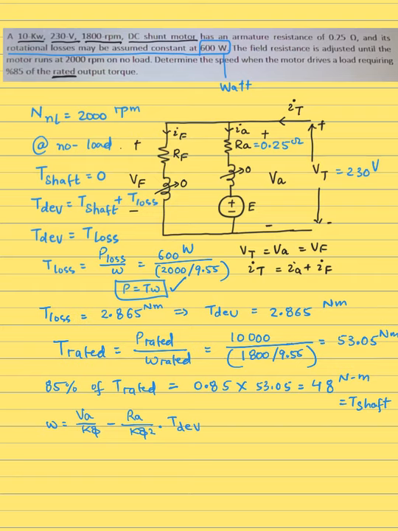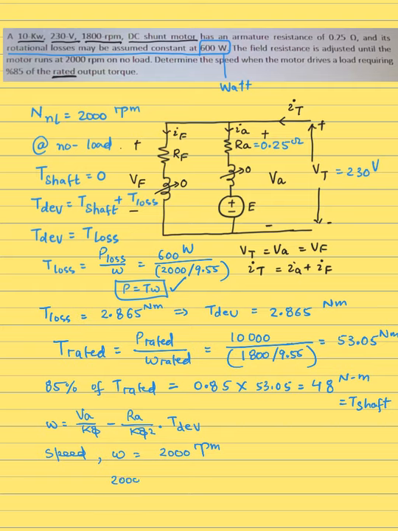So first thing is, it looks like we need to calculate the K phi value, and then we can make use of the K phi and the developed torque, and then we can calculate the speed it's running at. So first we will use where speed is known. We'll know a situation where speed omega is, let's say, 2000 rpm. Okay, so we'll calculate K phi based on that.